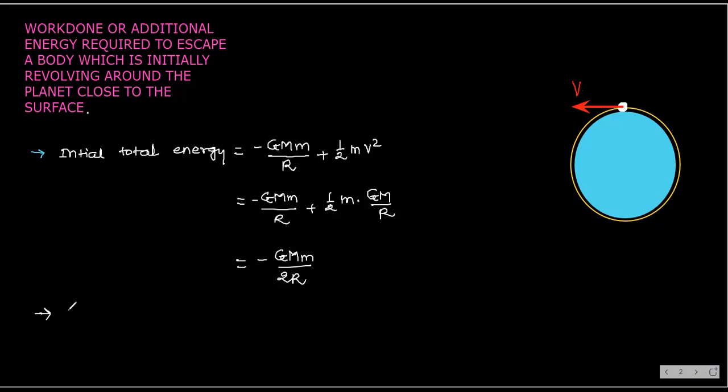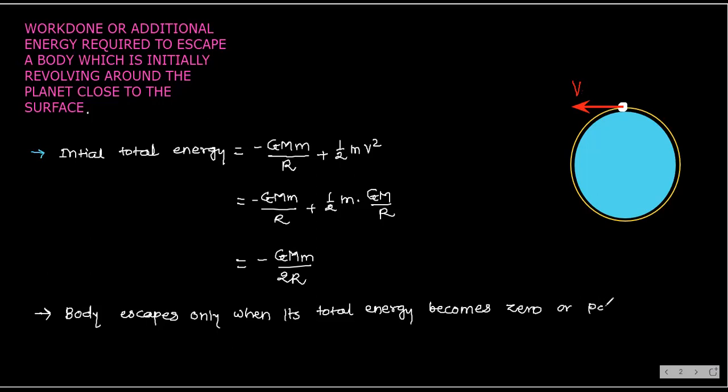I am writing here: a body escapes only when its total energy becomes zero or positive. Already we have learned this in escape velocities. Therefore, the final total energy is equal to 0.